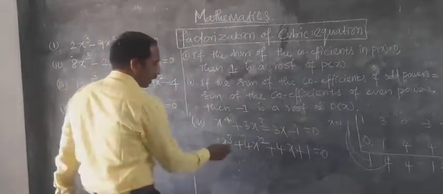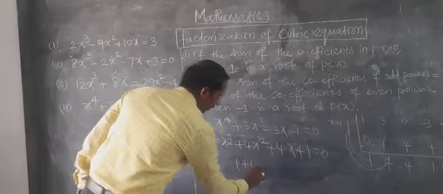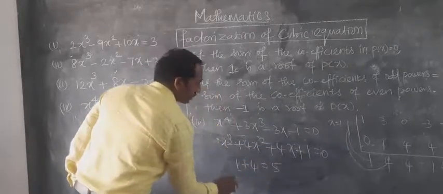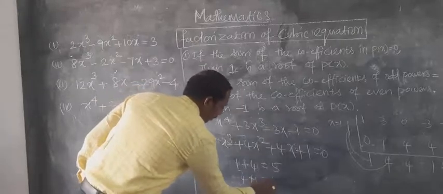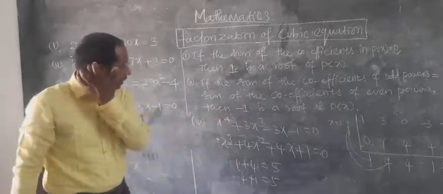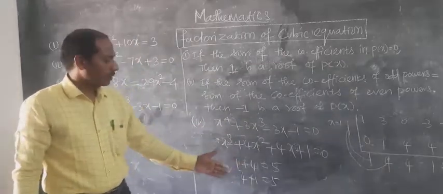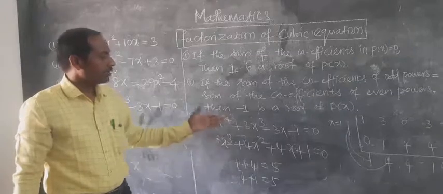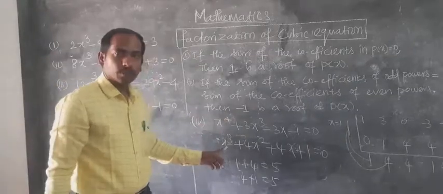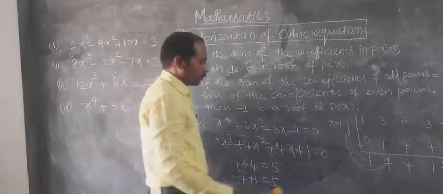Minus 1 means that odd power gives negative: 1 plus 4 equal to 5, even power 4 plus 1 equal to 5. So here negative 1 is a root, because odd power and even power sums are the same. So minus 1 is a root of the cubic equation.